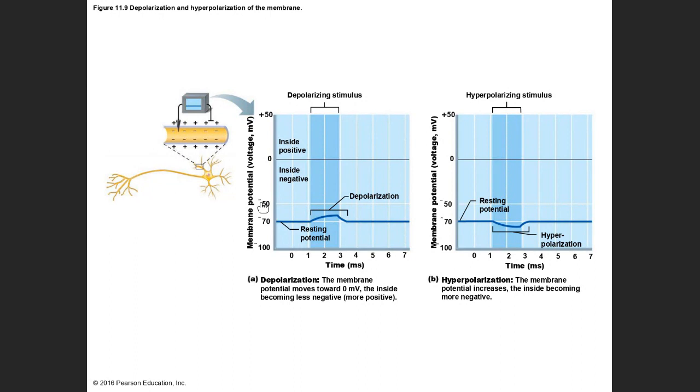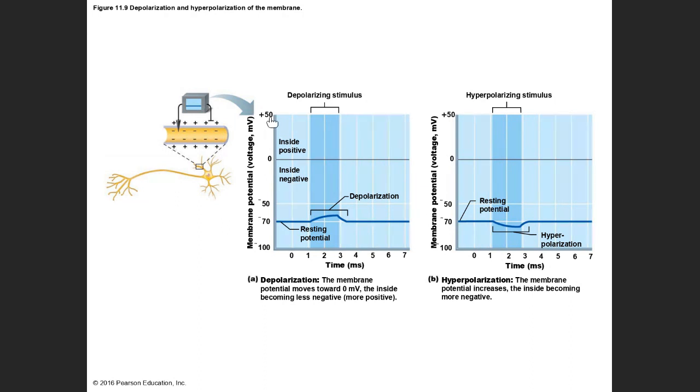We're approaching what's known as threshold. You should know that threshold must be reached in order for the action potential to reach the positive level up here. Negative 50, negative 55 is threshold. We have to have enough depolarization to take us to negative 50 or negative 55 in order for that action potential to proceed all the way to its peak.